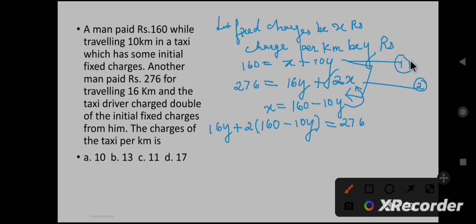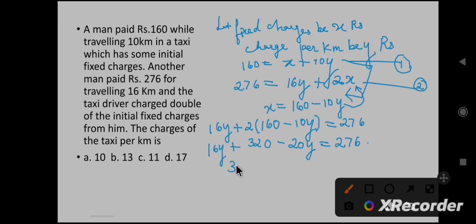Okay, this was our first equation. So let me solve this. 16y plus, if we multiply these two things we will get 320 minus 20y, which is equal to 276. We can take y to one side and numbers to another side.